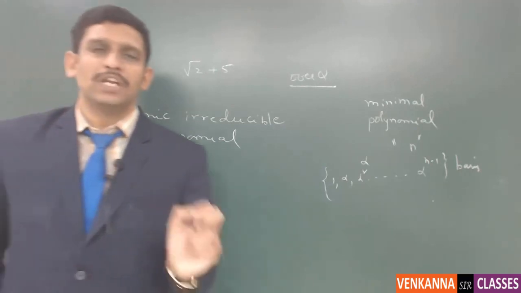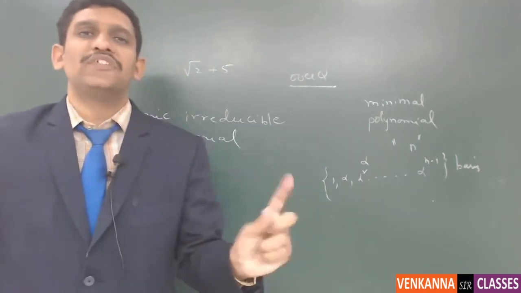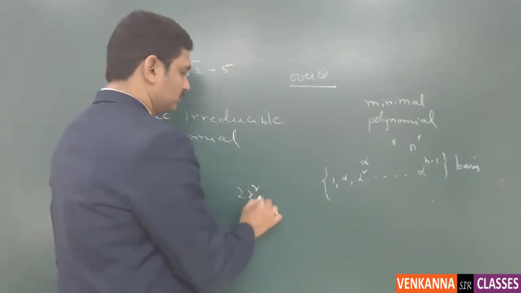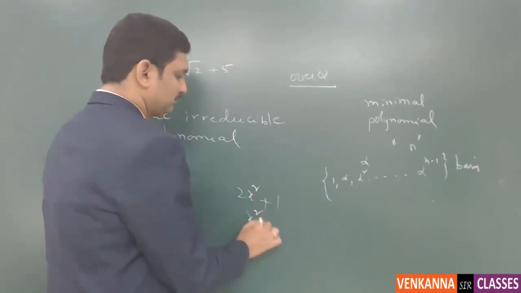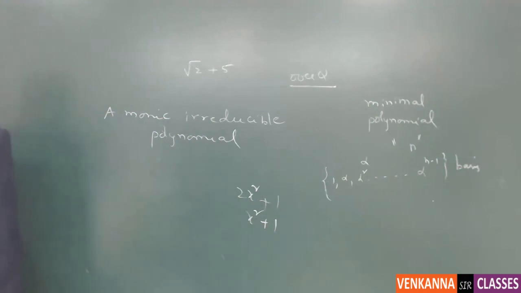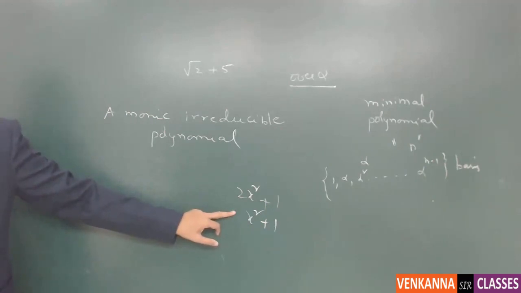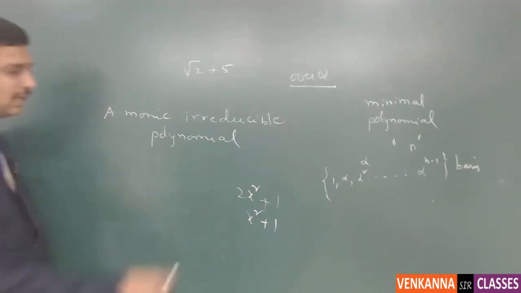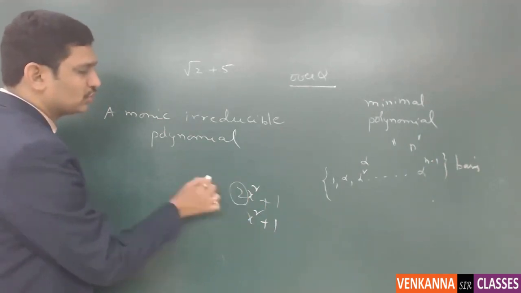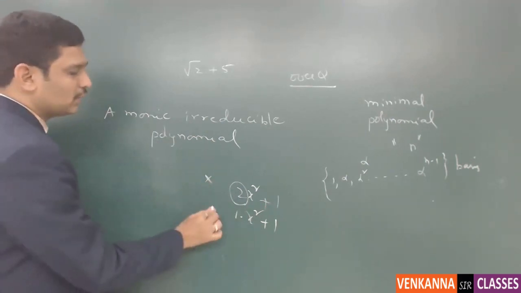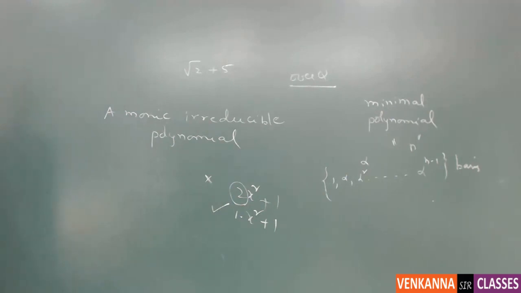Right. So monic means the leading coefficient must be 1. Let us take that this is an irreducible polynomial. This is also an irreducible polynomial. Here the coefficient is 2, so this is not monic. Here the coefficient is 1, so this is monic. Okay.